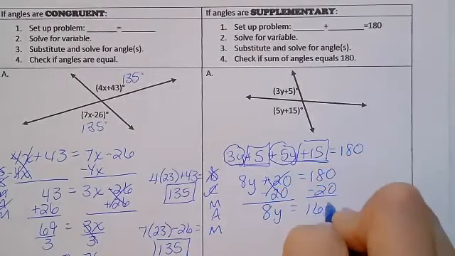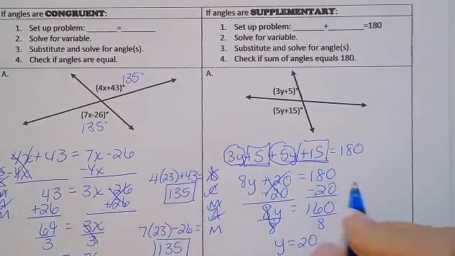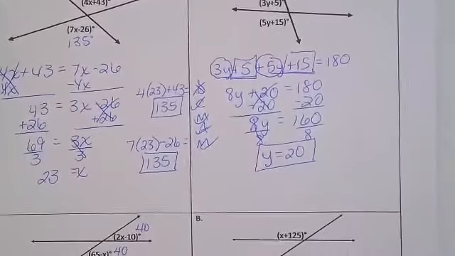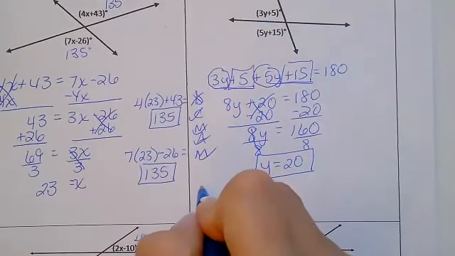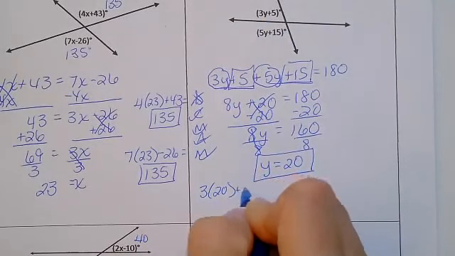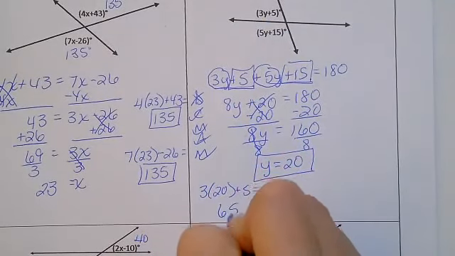8y equals 160. Okay, done moving. Going to divide both sides by 8. And y equals 20. Okay, now that I know what y is, I can find my angle measures. So I'm going to substitute it up here. 3 times 20 plus 5. See, 60, that would be 65.